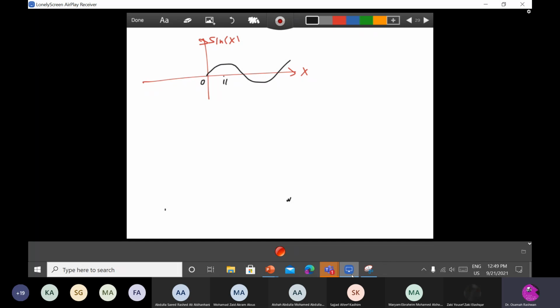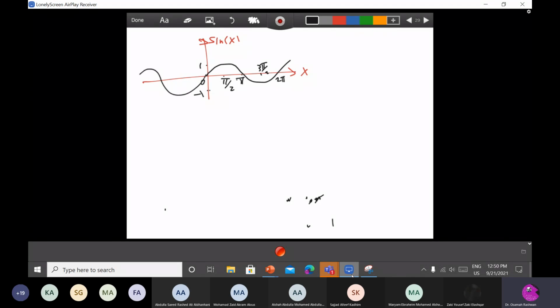and at pi over 2 the sine is equal to 1, at pi it is 0, and at 3 pi over 2 it is -1, and at 2 pi it is 0.